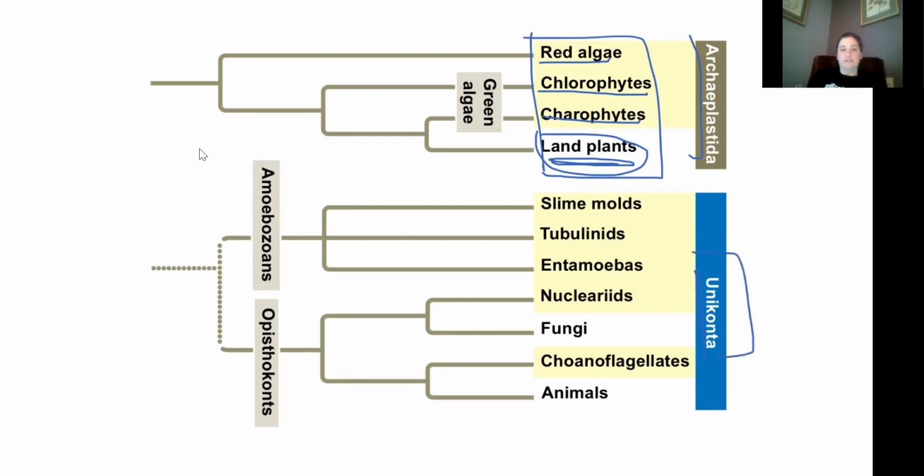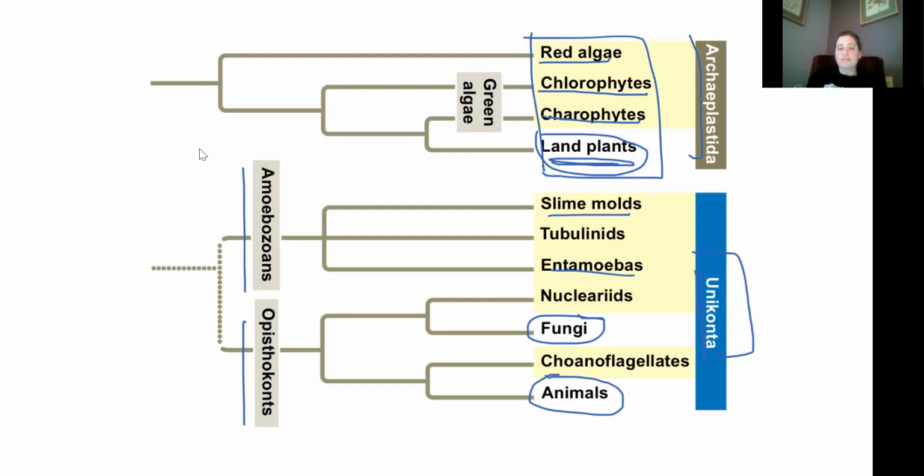Unikonta has some groups that we're going to talk about: the amoebozoans and the opisthokonts, which includes things like slime molds and entamoebas, and those are the only two I think we're talking about. But you'll notice that also in this group are fungi and animals.